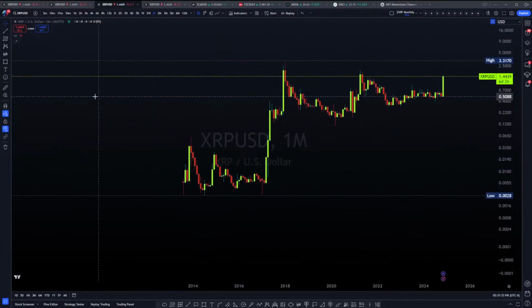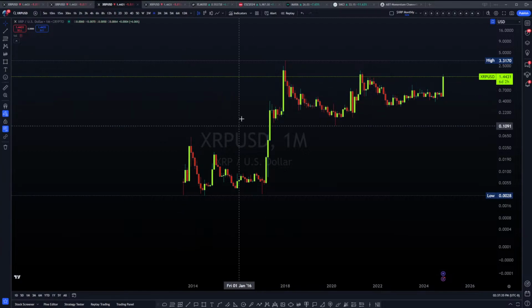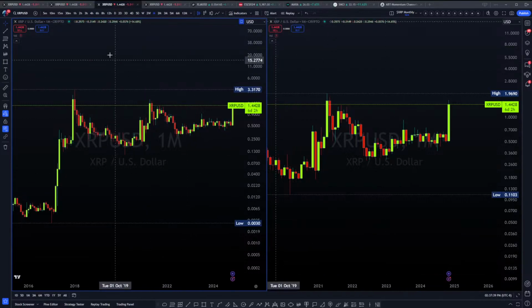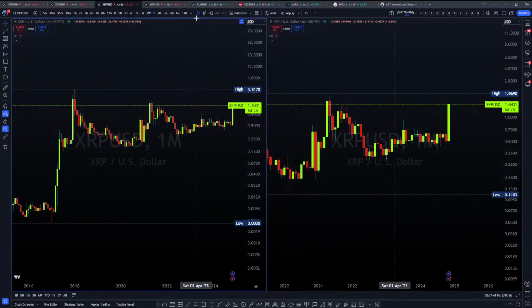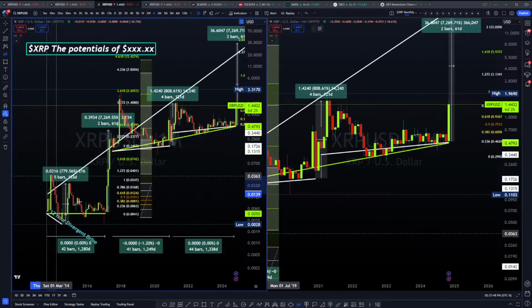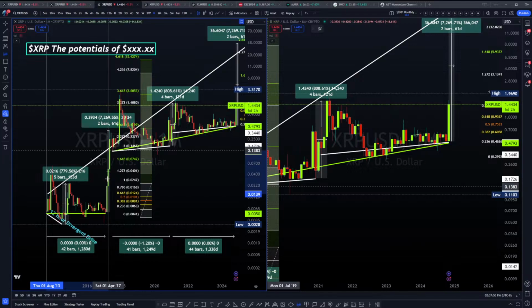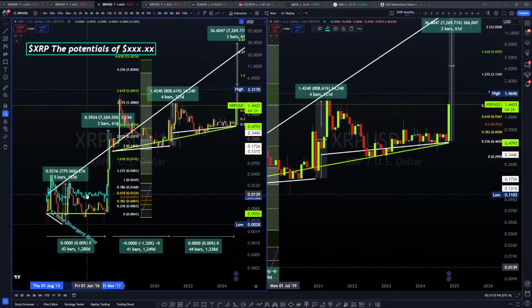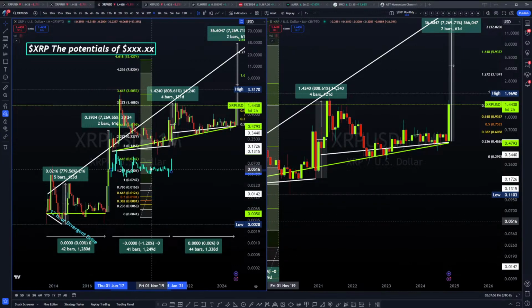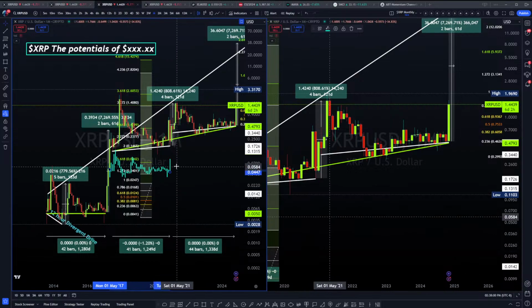A way to do that would be simply by taking this into consideration here. We'll take this fractal and apply it to this point right here, and it just so happens to be the end of the phase, almost perfectly.